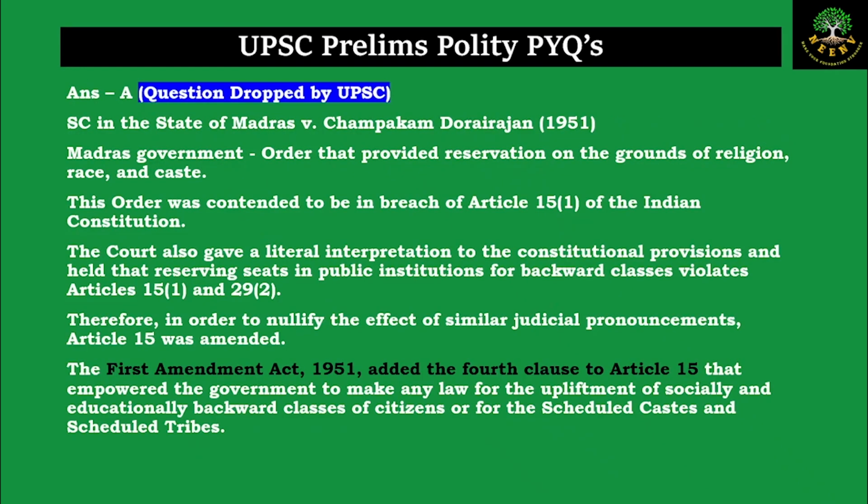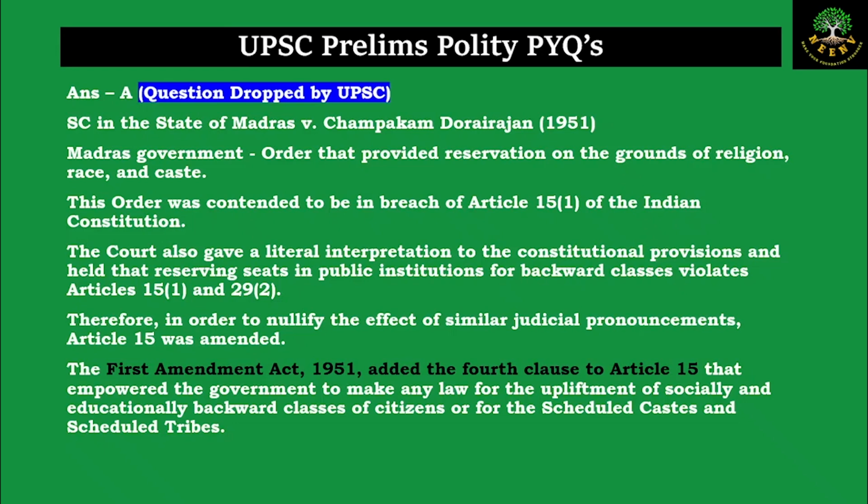Now, after the Constitution came into force, certain states tried to make certain reservations for certain classes of backward classes. Champakam Dorairajan went to the Madras High Court, and finally the case went to the Supreme Court.